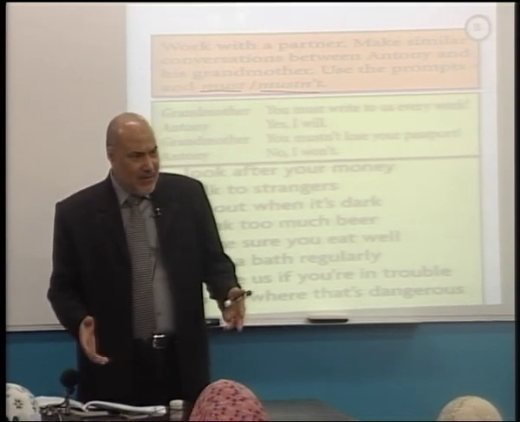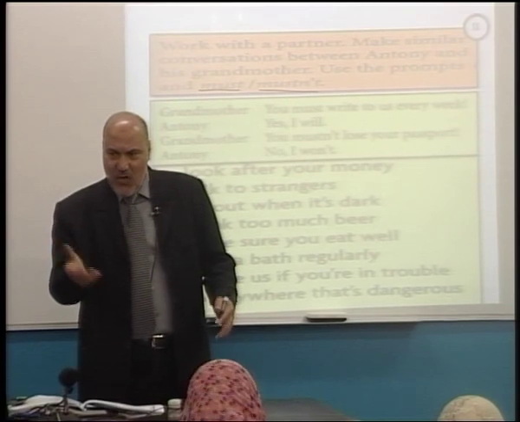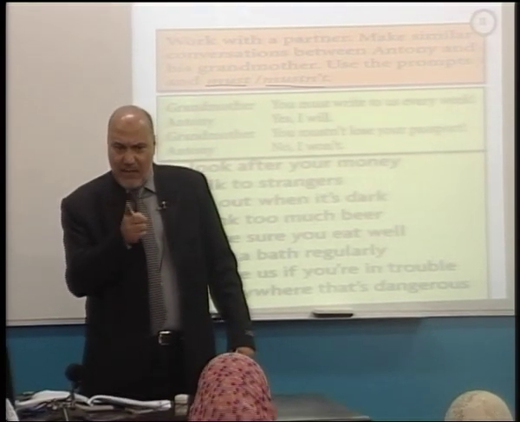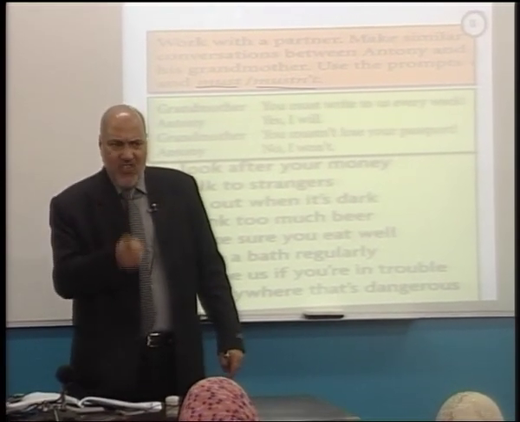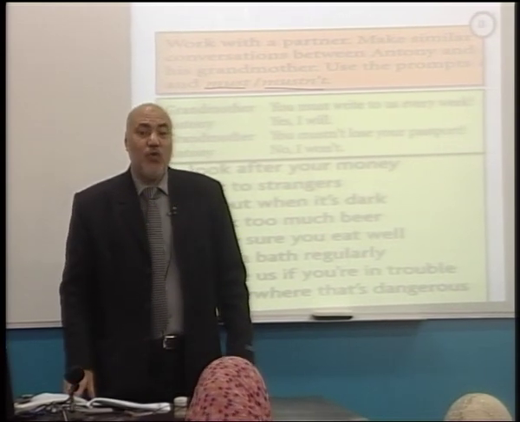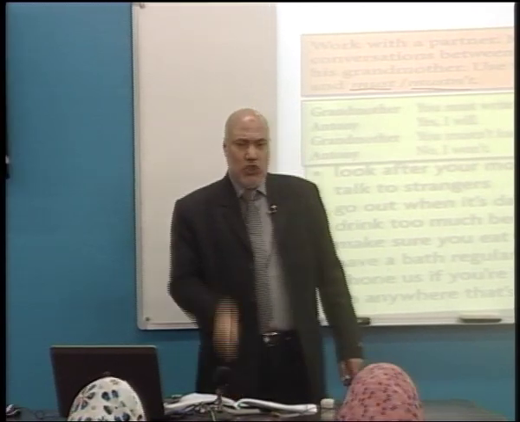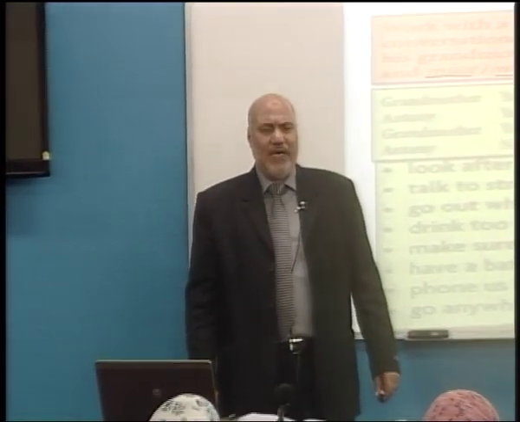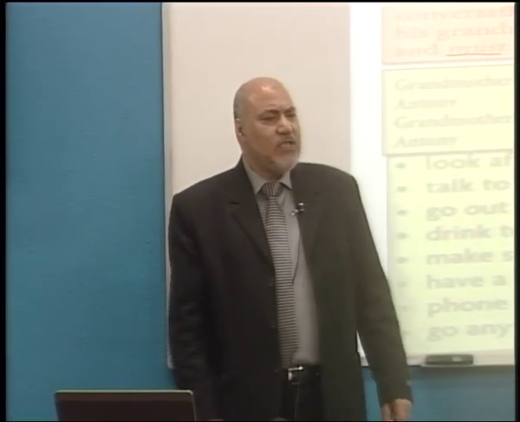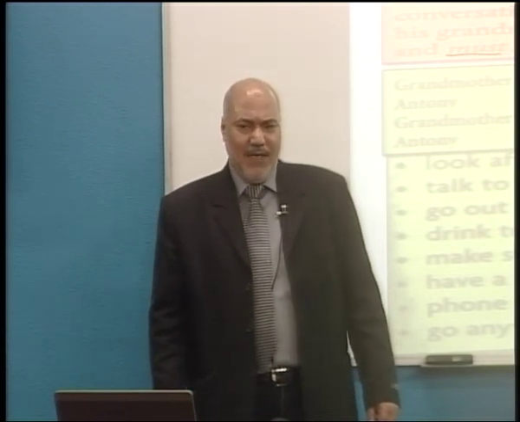She loves him a lot and he wanted to travel. So instead of saying do this, don't do this, which is imperative, we say you must do it, you mustn't do it.